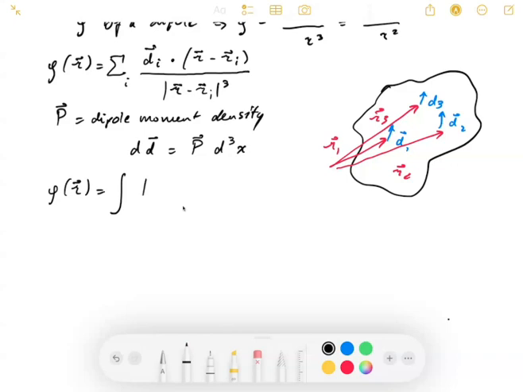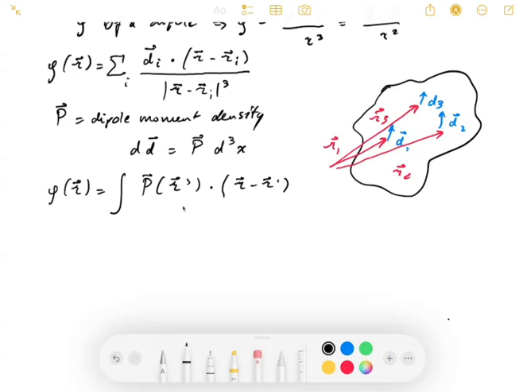Now the dipole moment density goes here, and then we need to explicitly say what the positions are, as an argument to that vector field P that describes what the dipole moment density is at that location. And then this part stays the same.